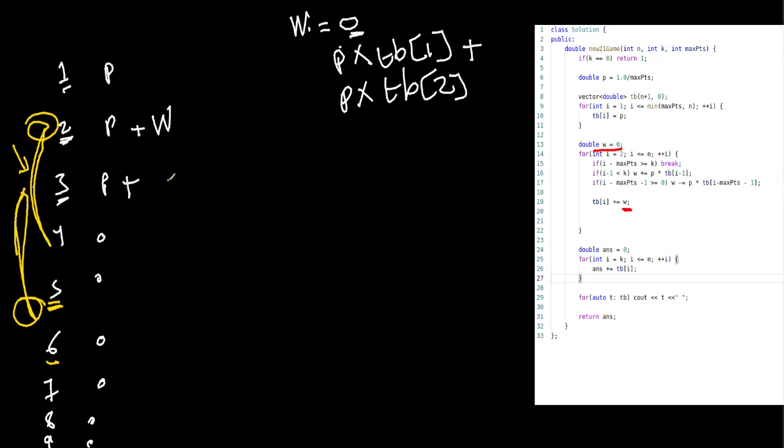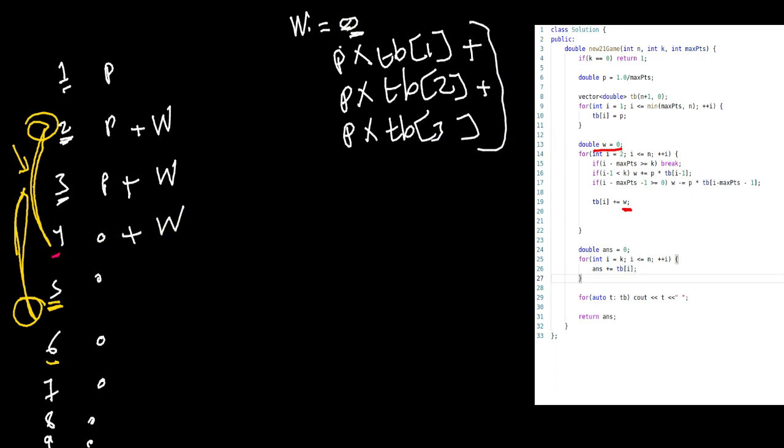So this will be p plus w. For 4 we need to add p multiplied by tb of 3 to the window, and this will be 0 plus w. So this is the value of w.